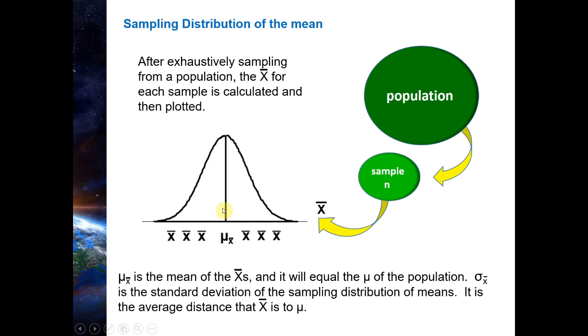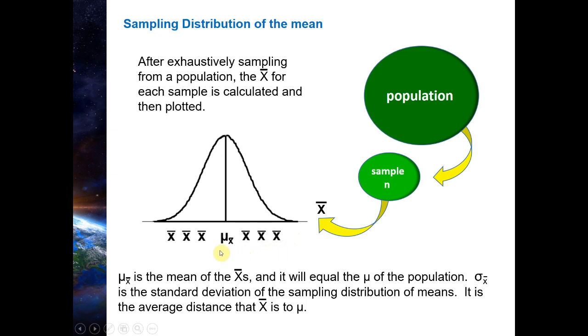Now, one more important thing to note. Mu sub x bar is actually going to be equal to mu. The mean of all your sample means equals the mean of the population. We also learned about that when we learned that x bar is an unbiased estimate. Remember that when we exhaustively sampled and we got x bars, we said half of them are going to be below the mean and half are going to be above.